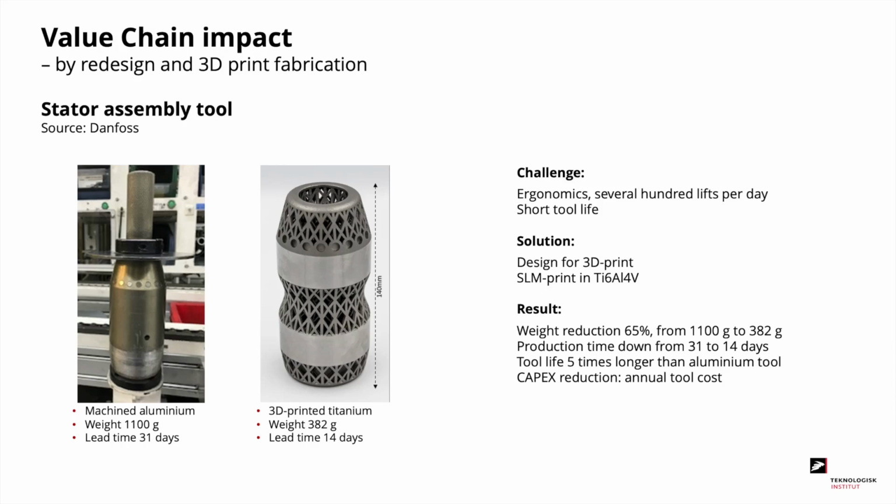The result was a weight reduction of 65% from 1100 to 382 grams, a reduced production time, a tool life which was 5 times longer than aluminum, and a capital expenditure reduction on the annual tool cost.